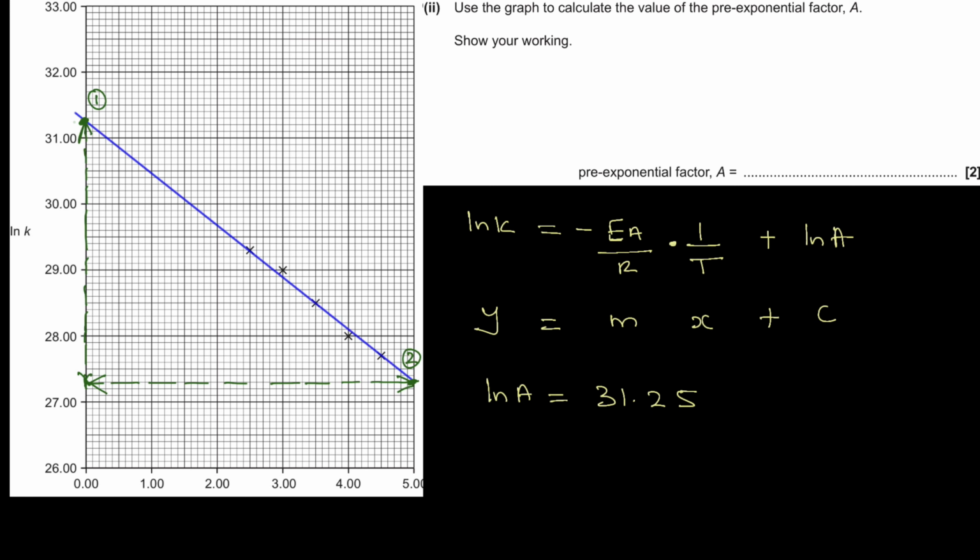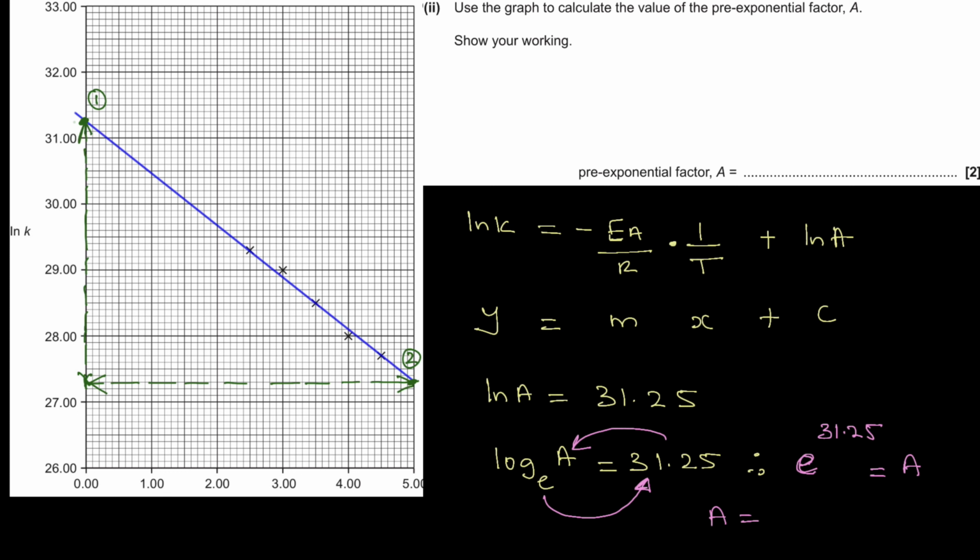And therefore, I can convert ln A back into log base e. So that's log base e of A equal to 31.25. Therefore, if I raise e to the power of 31.25, the answer will be equal to A. Therefore, I have e to the power of 31.25 equals A. A equals 3.73 times 10 to the power 13.